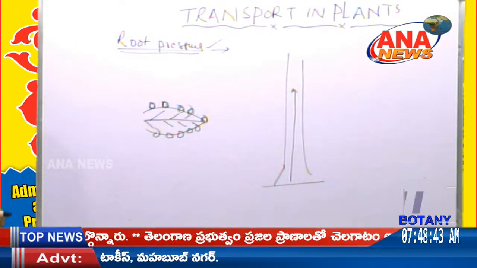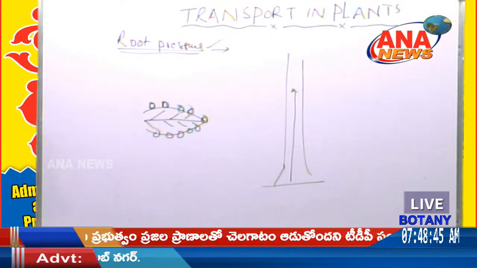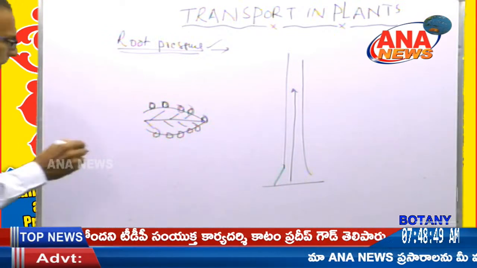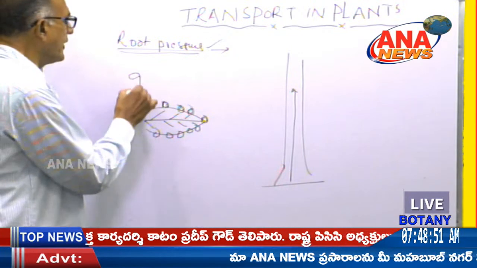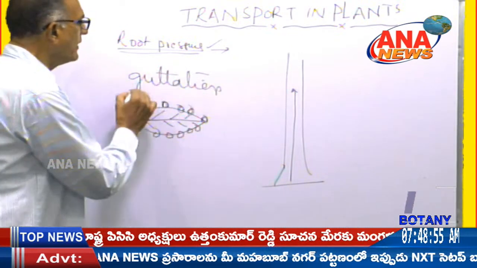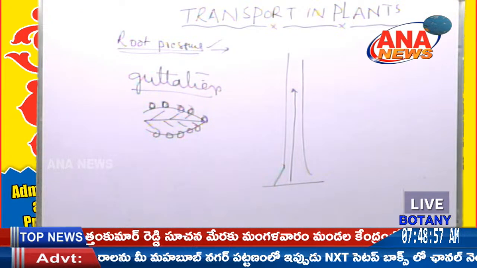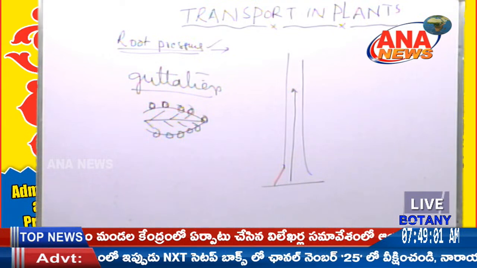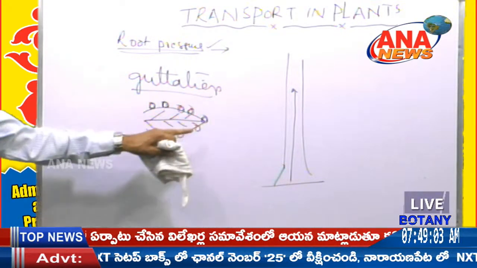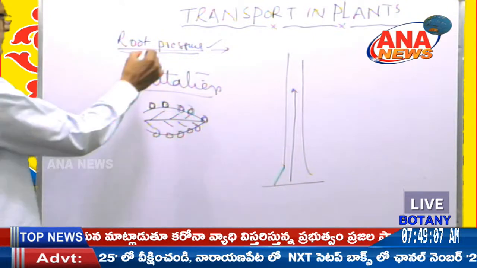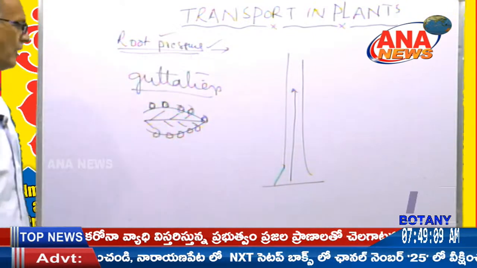So we can witness the root pressure even in the cool night and early morning. The loss of water in liquid form through the opening veins is called guttation. Because of the root pressure, the guttation process takes place. What is guttation? Secretion of water as liquid along the margin or at the apex of the leaf blade is called guttation. Guttation is because of the root pressure.